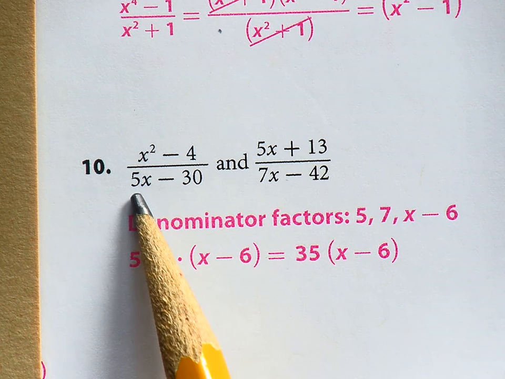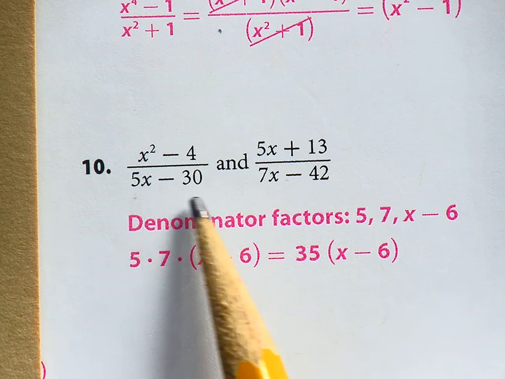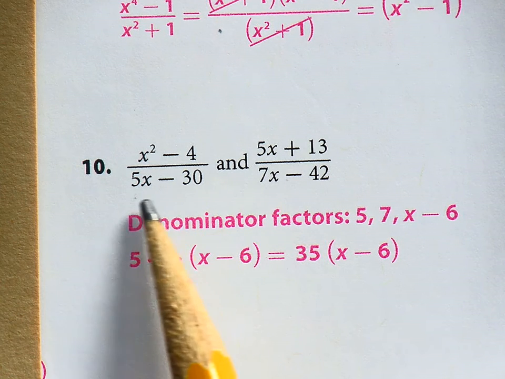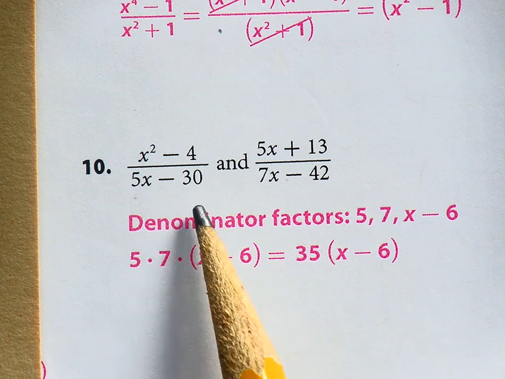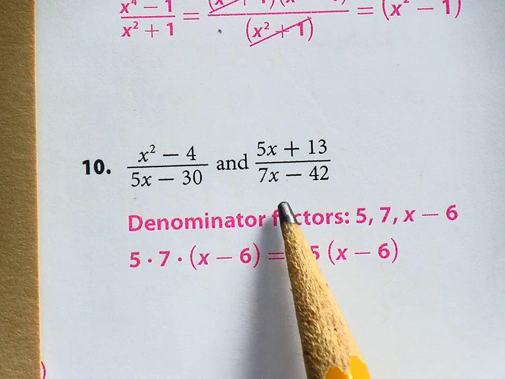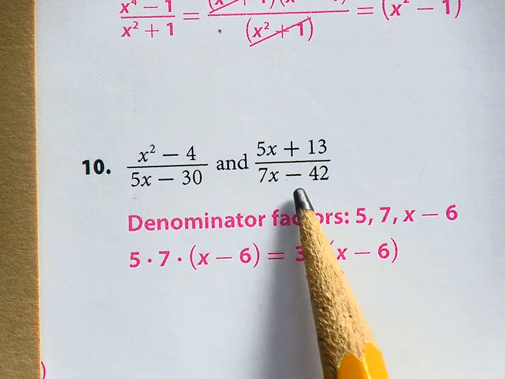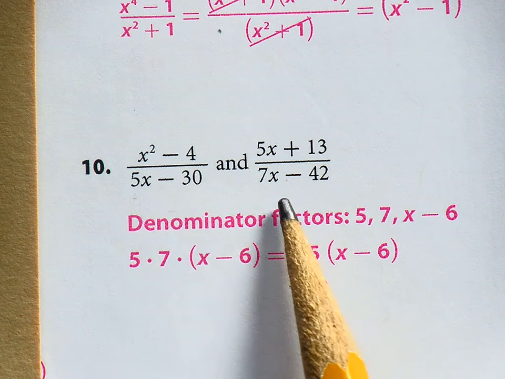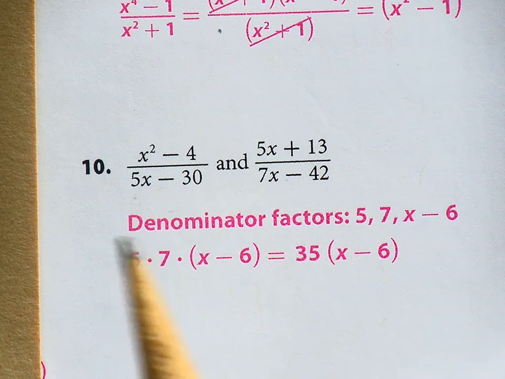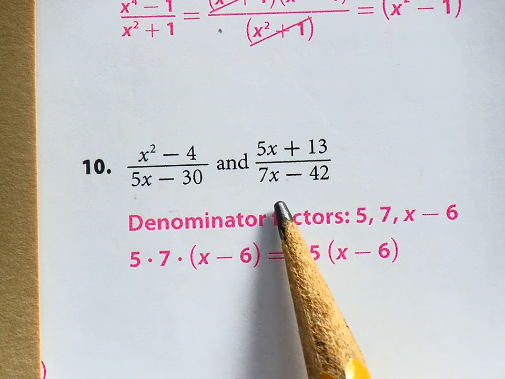If I factored out a 5 here, I'd get 5 parentheses x minus 6 parentheses. So my factors for this one would be 5 and the difference of x and 6. Over here I can factor out a 7, and I'd get x again minus 6. So they actually have a common factor of x minus 6. The difference is that this one has a 5 and this one has a 7.